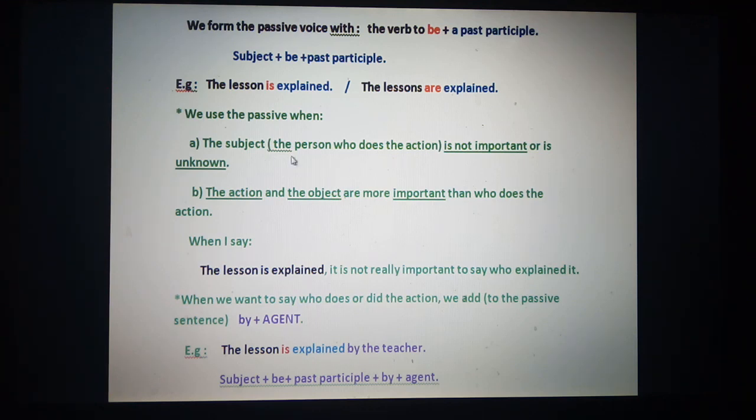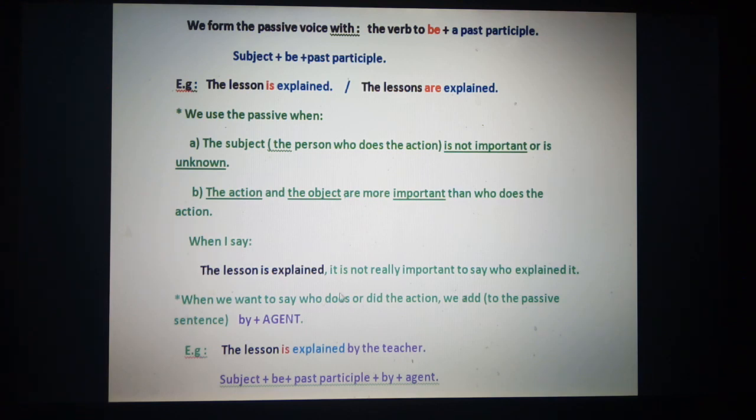Or when the action and the object are more important than who does or did the action. For example, when you say the lesson is explained, it is not really important to say who explained it.